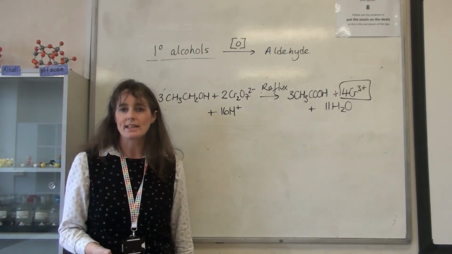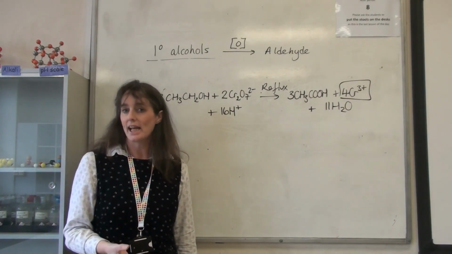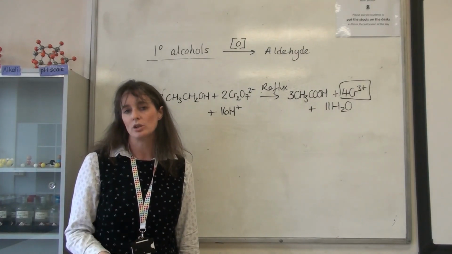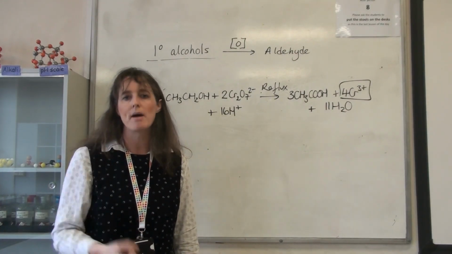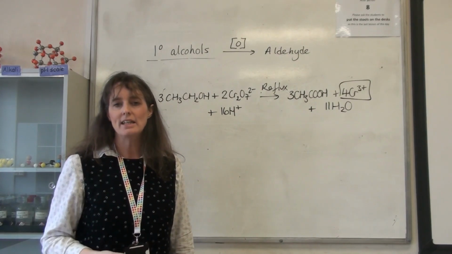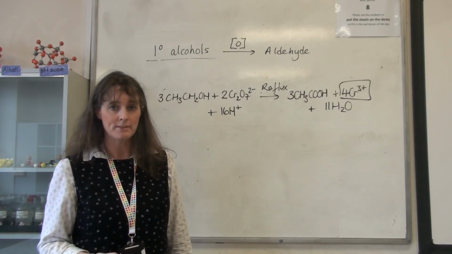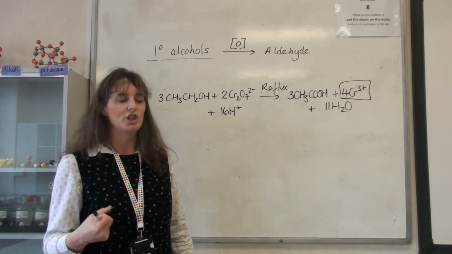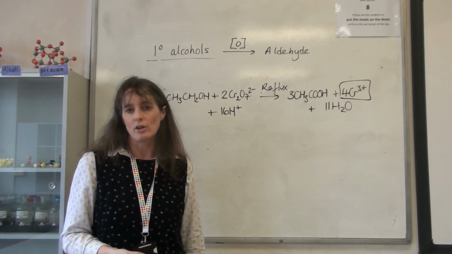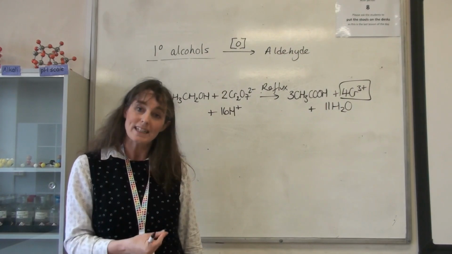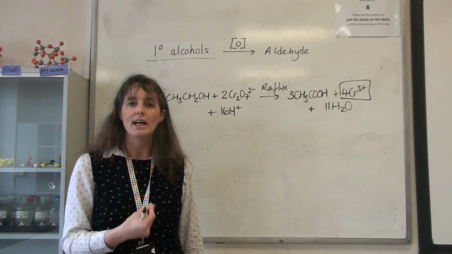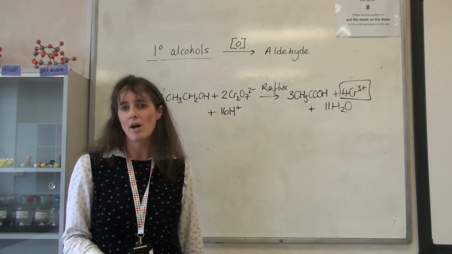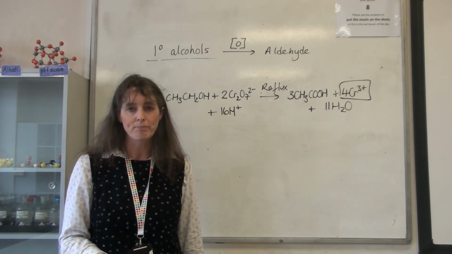Now that is the oxidising agent that you've met in a practical, having seen the colours for yourself in practice. But there is an alternative. Obviously if you're just suggesting an oxidising agent, then acidified dichromate is perfectly fine to use.